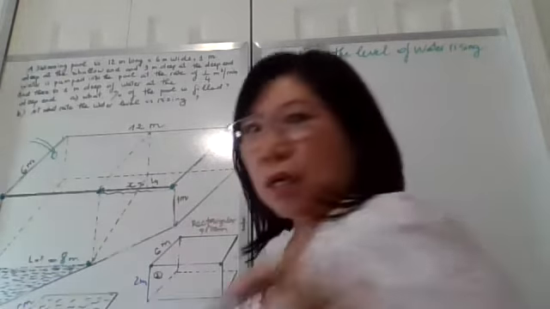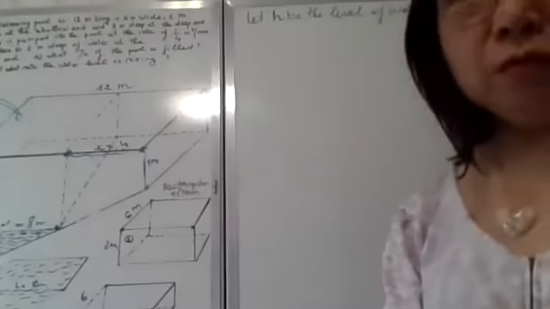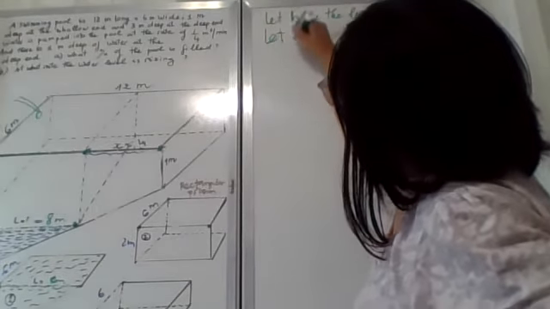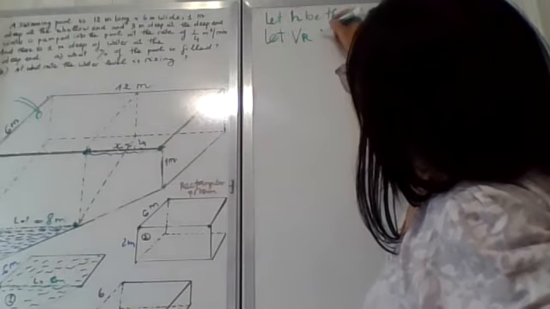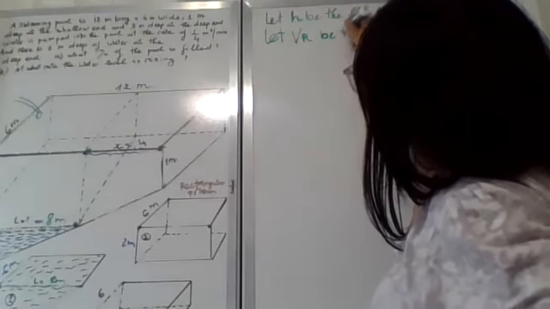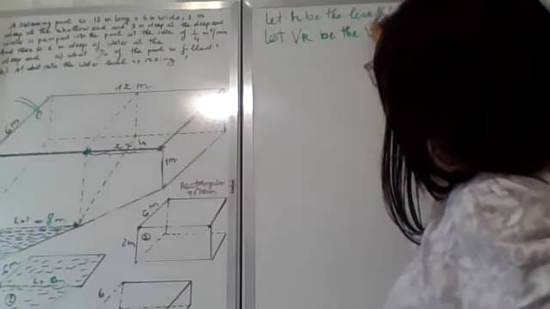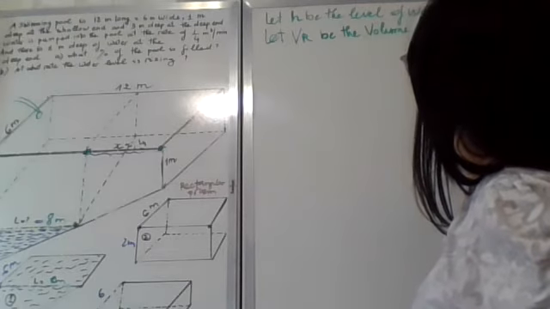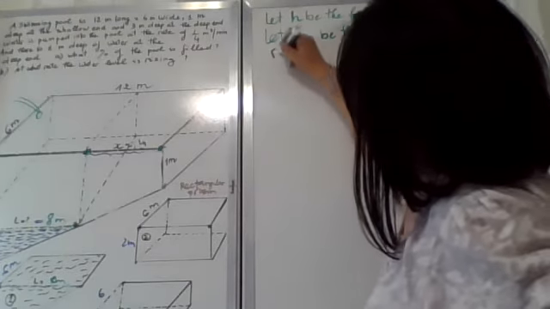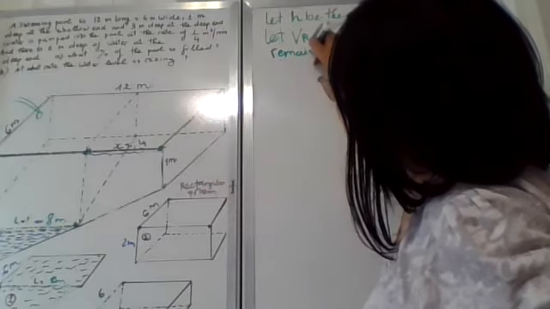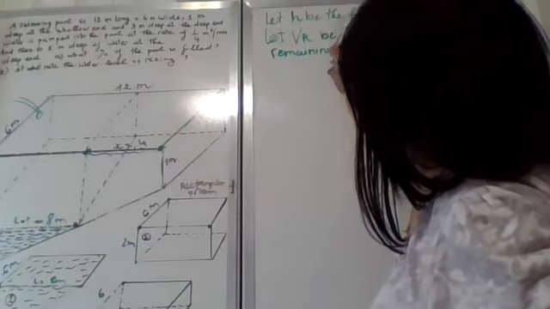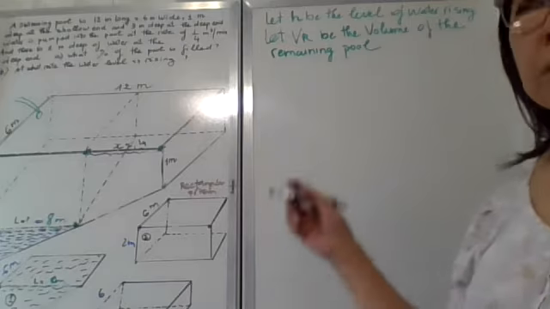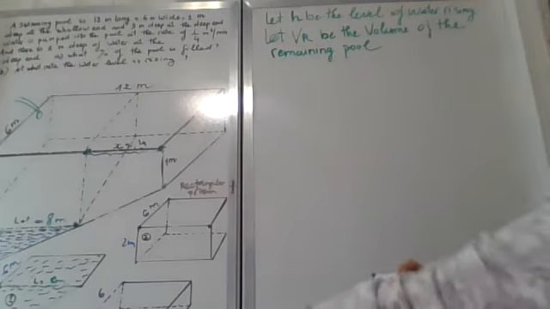So let V be the volume of the remaining pool, because we cut off the water level; we're just talking about the new water coming in.